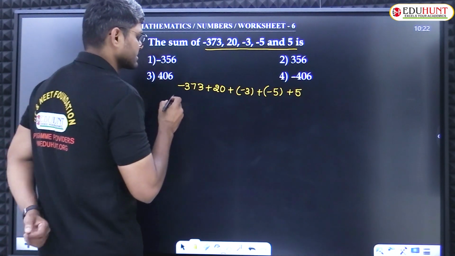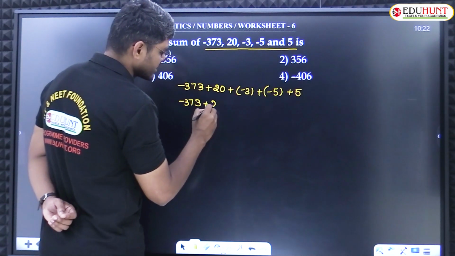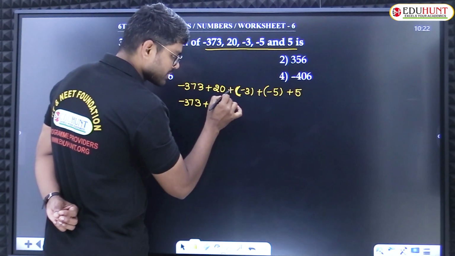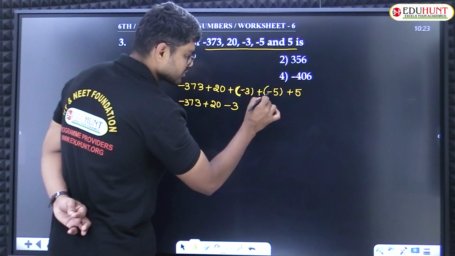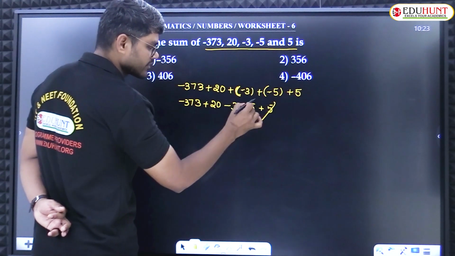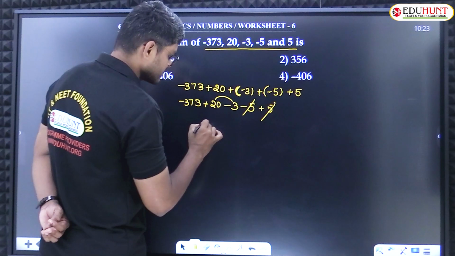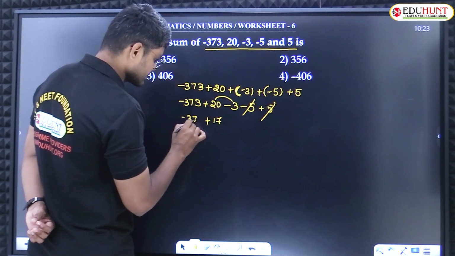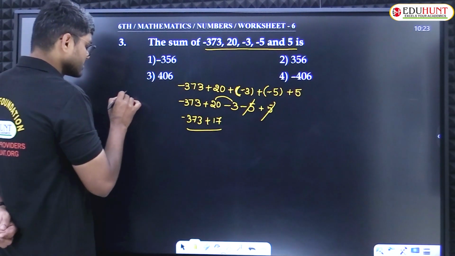First remove the brackets. -373 plus 20, bracket means into, that means plus into minus, that is -3, plus into minus, -5, plus 5. Here plus 5 and -5 will be cancelled. Now 20 minus 3, this is plus 17. This is -373. Different signs, so we have to subtract them.